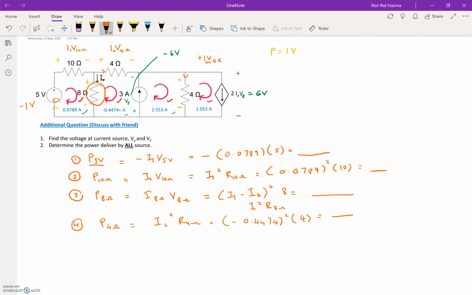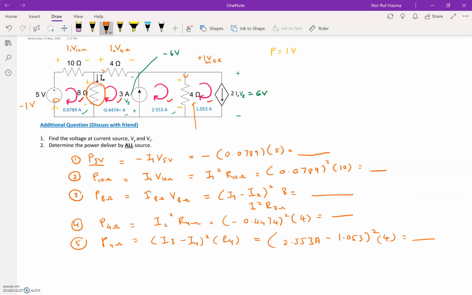For the other 4 ohm here, this one is a different 4 ohm, I3 minus I4, squared, times R4, which is 2.553 minus 1.053 squared, times 4. You have to calculate the answer by yourself.